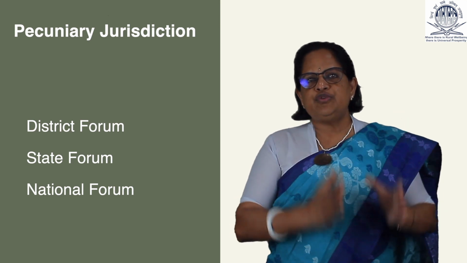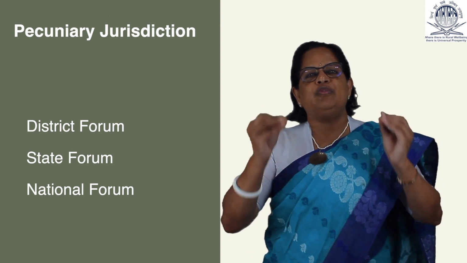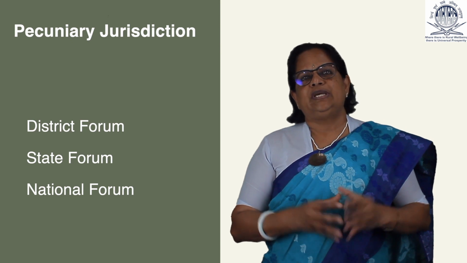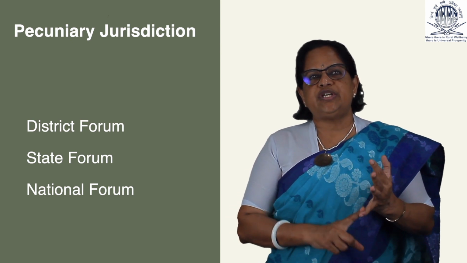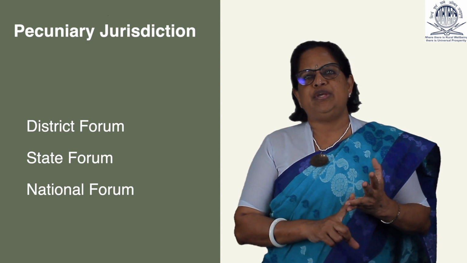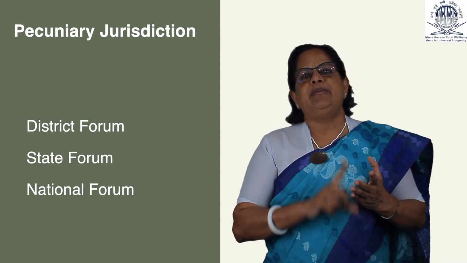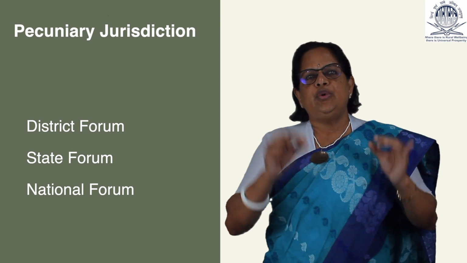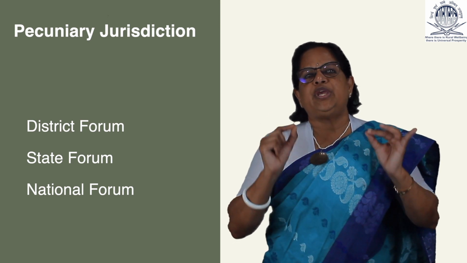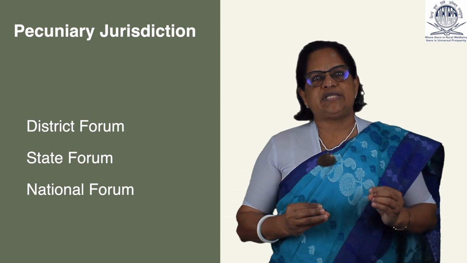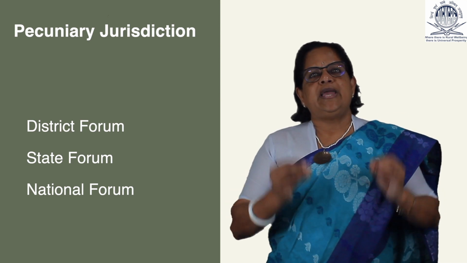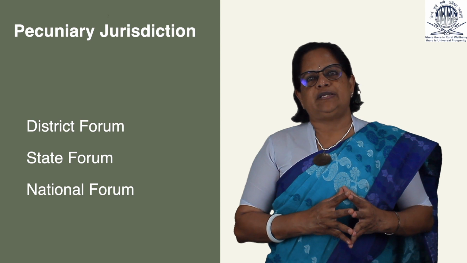That means where to file the complaint and what is the claim amount. That is, whether the complaint is to be registered with the district, state or national commission based on the claim demanded. You remember the limits of pecuniary jurisdiction, that means the limits, right? I have explained in the last video lesson.